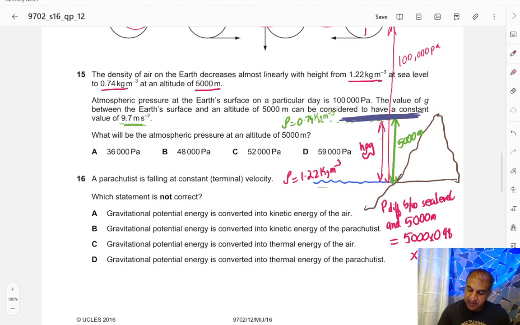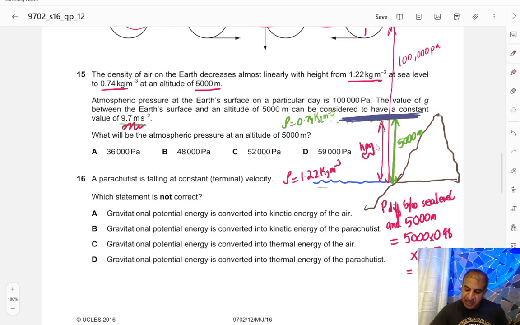The density, multiplied by the acceleration due to gravity, 9.7, and 5,000 gives me a pressure of 47530 pascals.